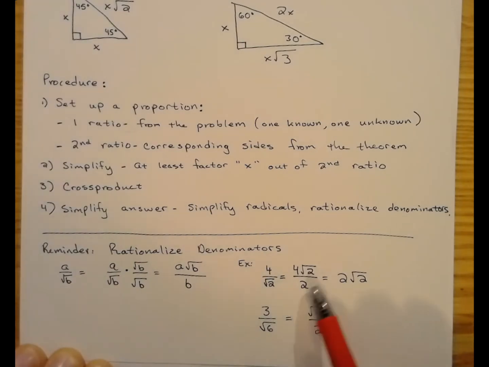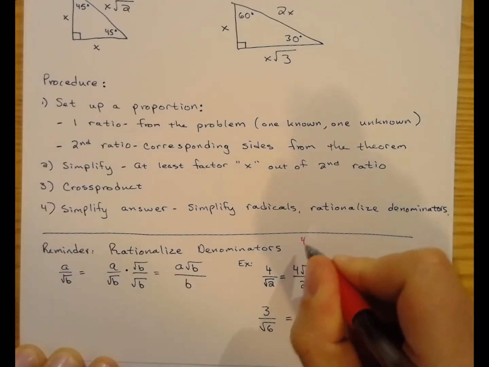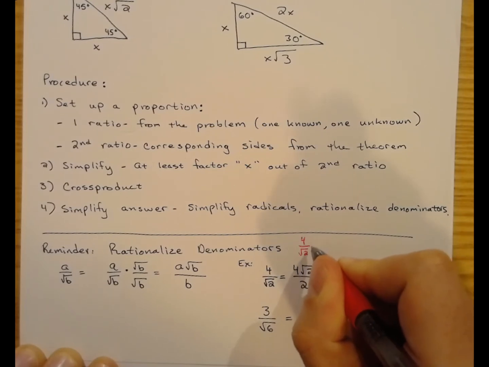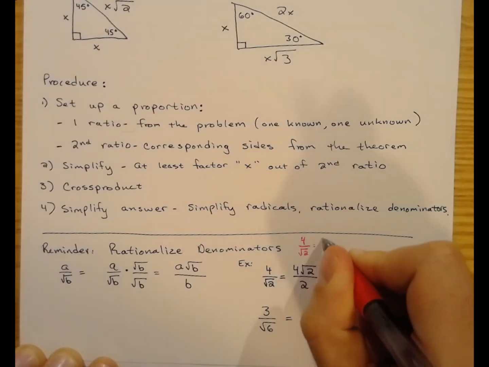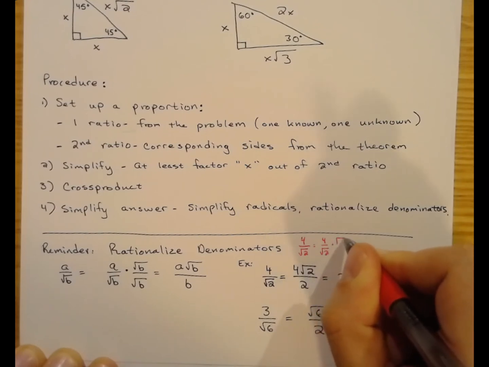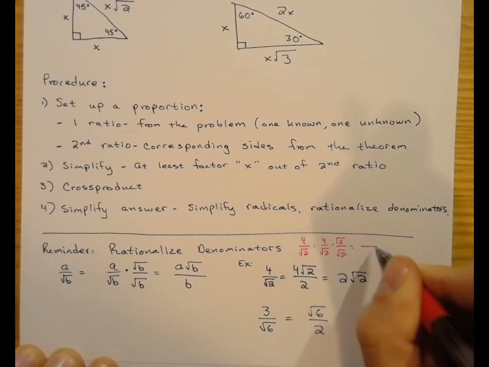So I have a couple examples here. I'm going to add a couple little details. For the first one, if after I take the cross product I had 4 divided by the square root of 2, I would multiply that by root 2 over root 2. My new denominator, root 2 times root 2, is just the whole number 2.